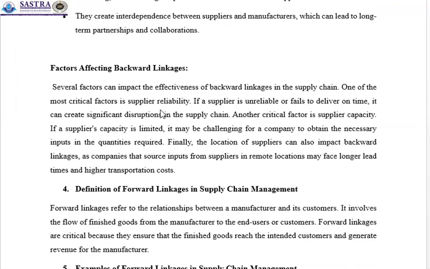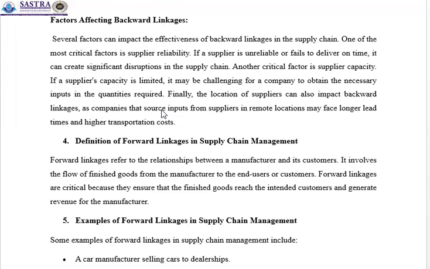Then what are the factors affecting backward linkages? Several factors can impact the effectiveness of backward linkages in the supply chain. One of the most critical factors is supplier reliability.